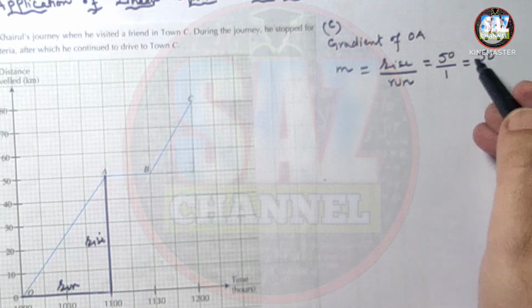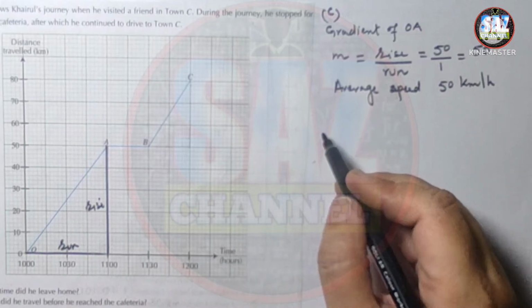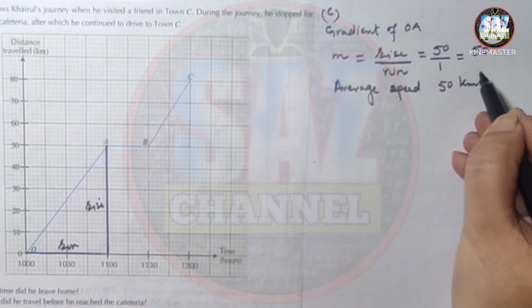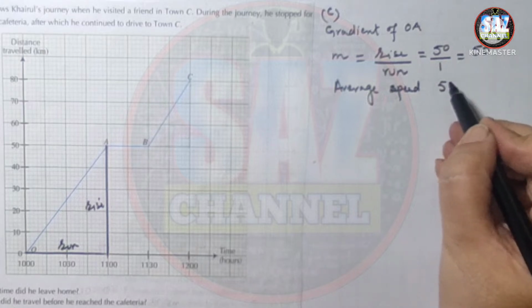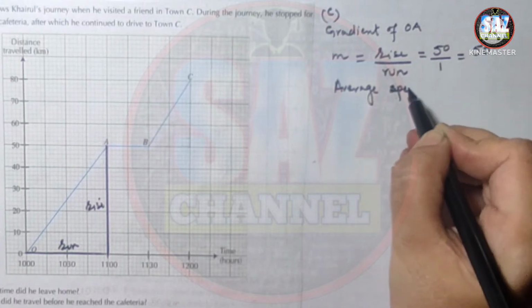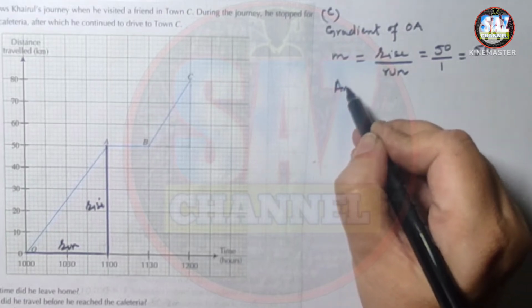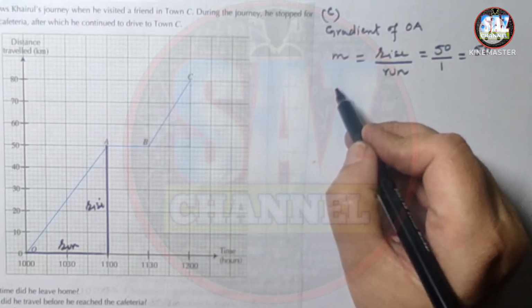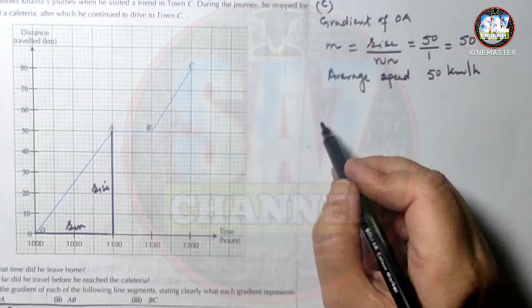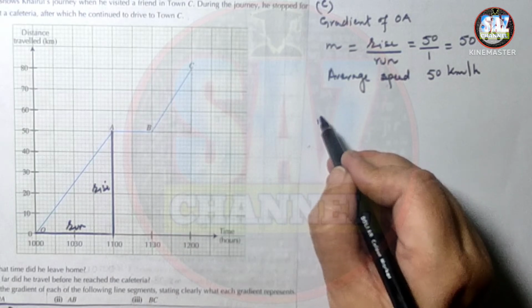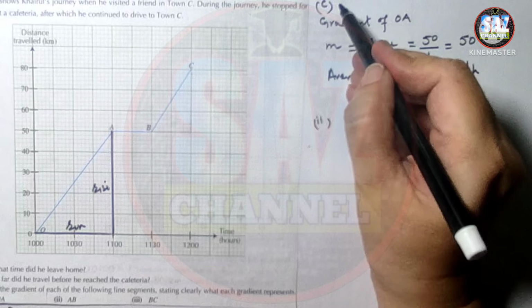Okay, average speed. Gradient of AB. Second part is the gradient of AB.